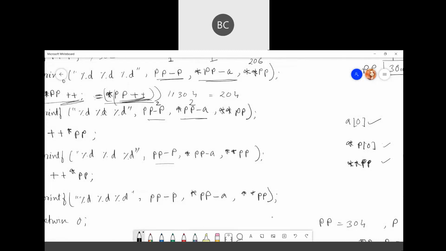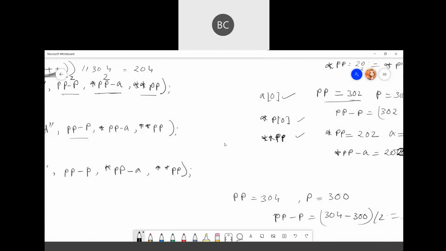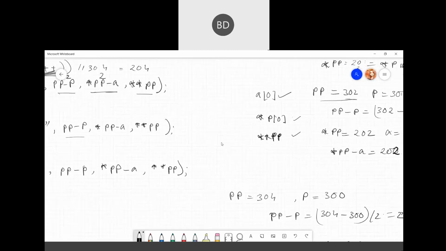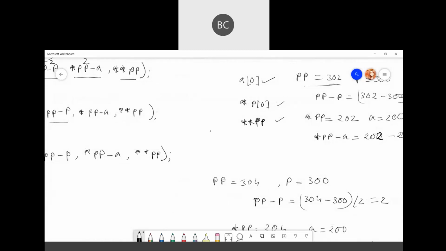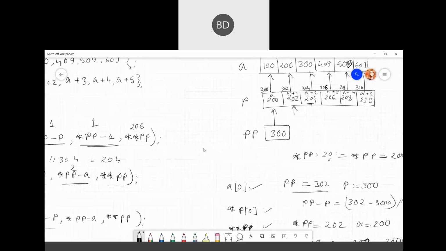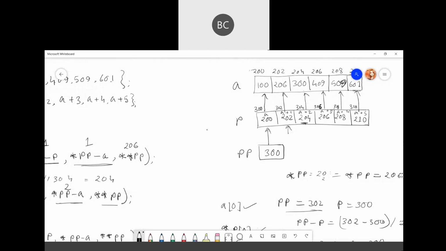Next we have the double pointer PP. PP is already 304. What is the single pointer value of 304? It's 204, right? Again for 204, what's the value?